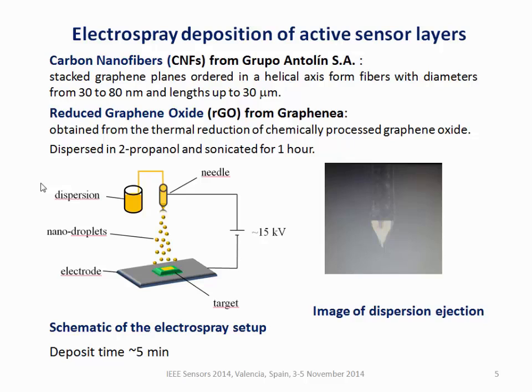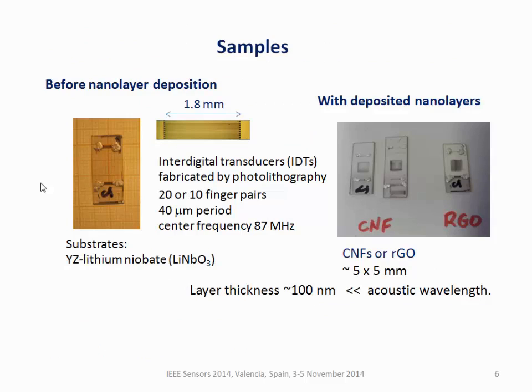This is an image of dispersion ejection from the needle. Deposition time was typically 5 minutes, and it results in thin layers with thickness very small compared to the acoustic wavelength.